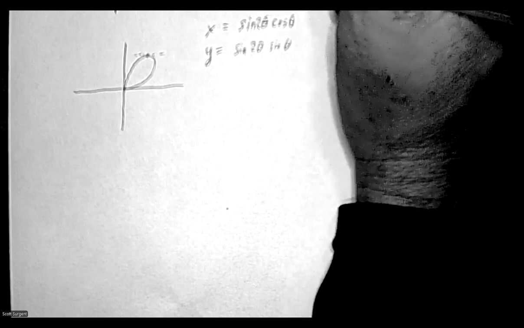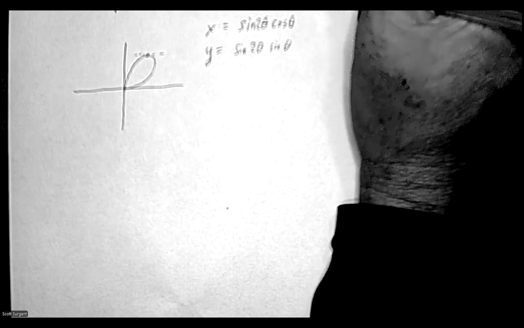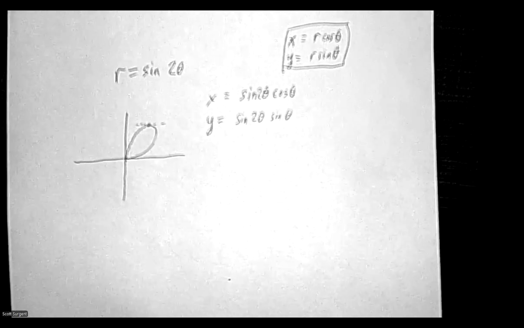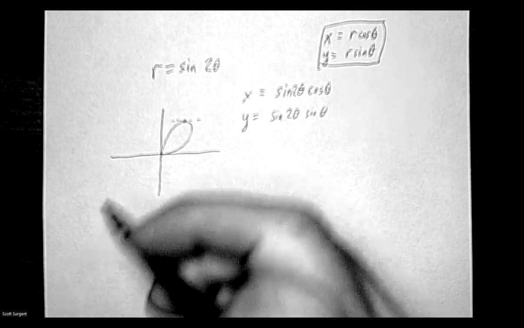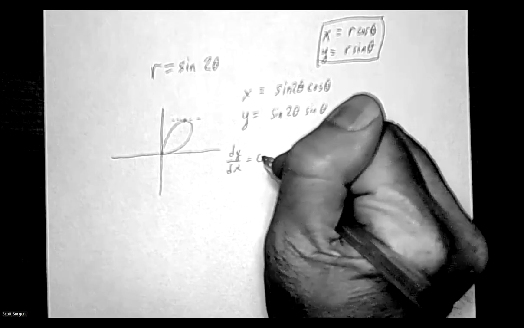This is just using the basic conversion: x is r cos theta, y is r sine theta. You definitely want to know that for Calc 3, by the way. And so what I want is dy/dx equal to 0.